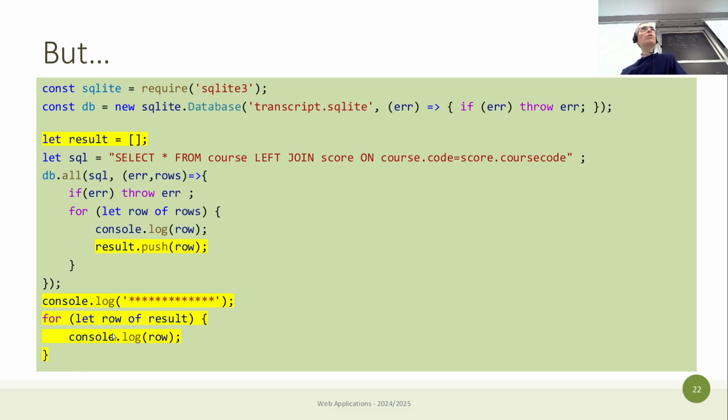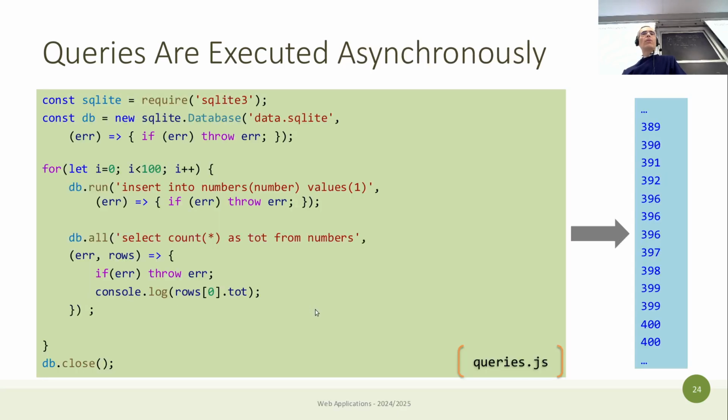So how do we solve the problem? Actually, there's no simple way to solve the problem. Today we will see one way, but it's quite complex, and it will require basically the whole lecture for solving it. This problem becomes even more complex when more than one asynchronous operation is involved.